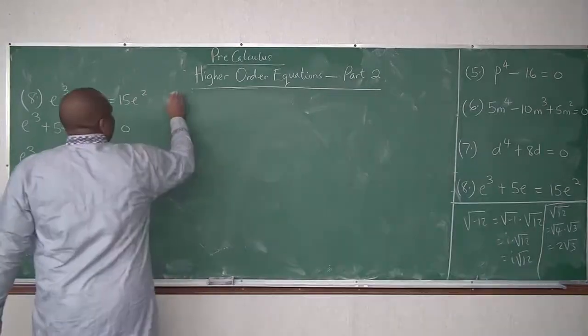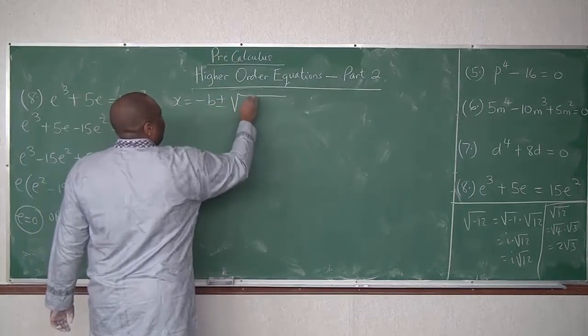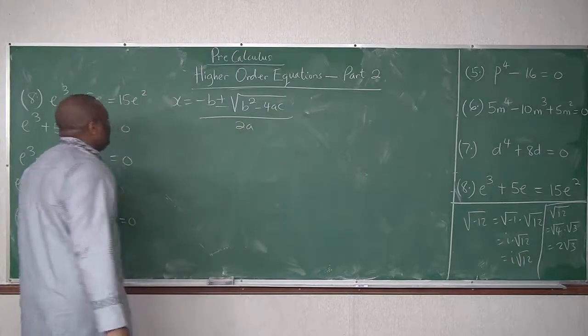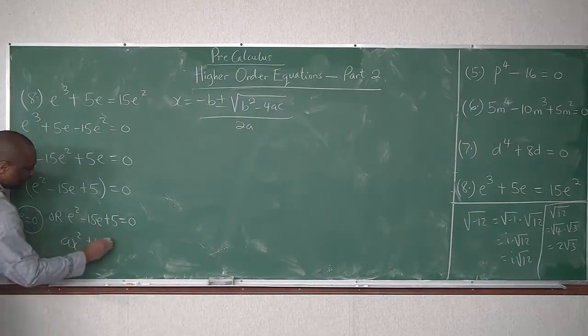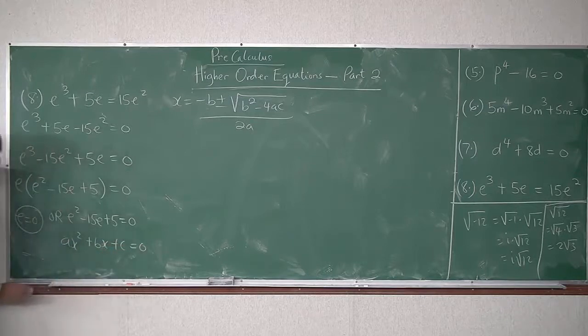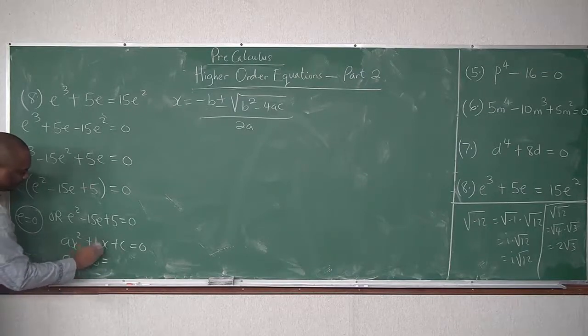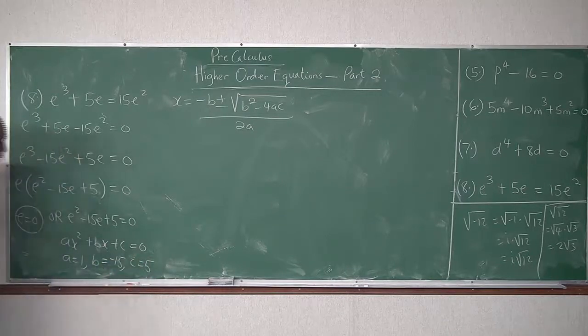Quadratic formula. x is equal to negative b plus minus square root of b squared minus 4ac over 2a. If we compare this, ax squared plus bx plus c equal to 0. A is 1, right? B is negative 15 and C is 5.